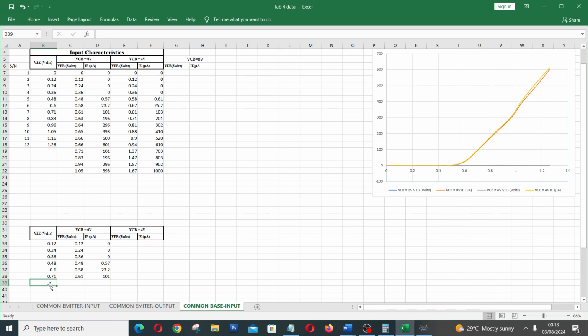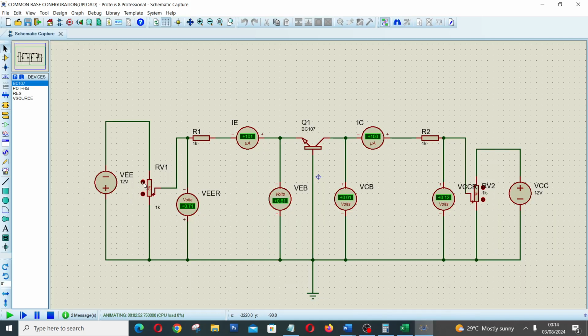Then we iterate again. When VEE is equal to 0.83, let's reset this to around 0 before we continue the experiment. I think the lowest we can get is 0.04, which is still equivalent to 0.